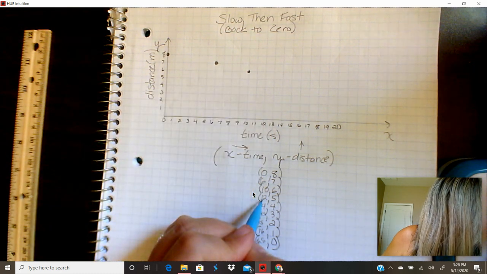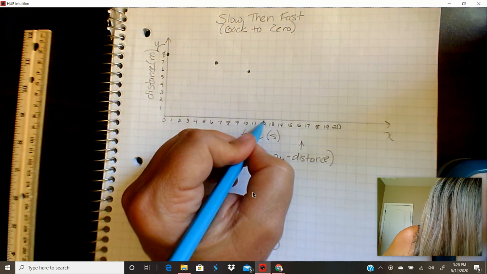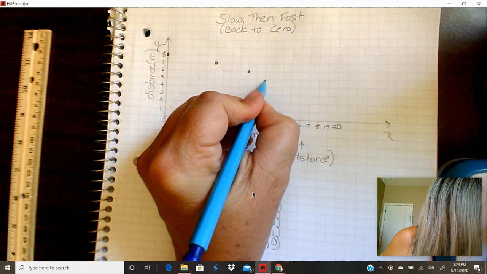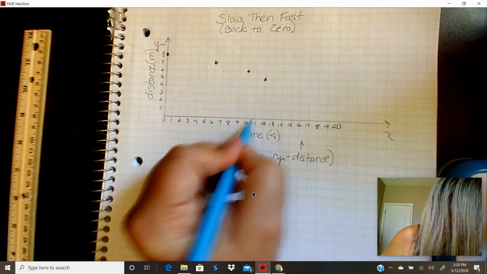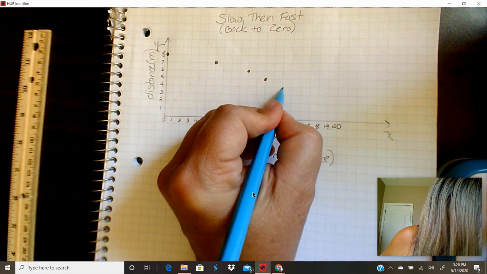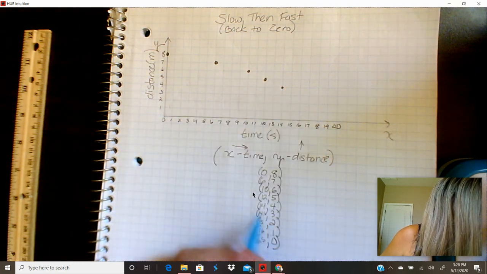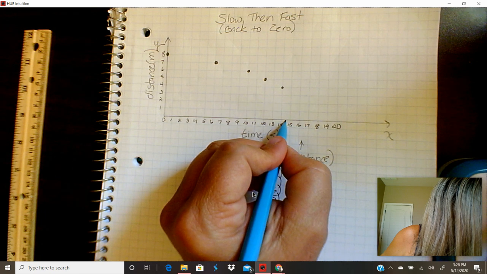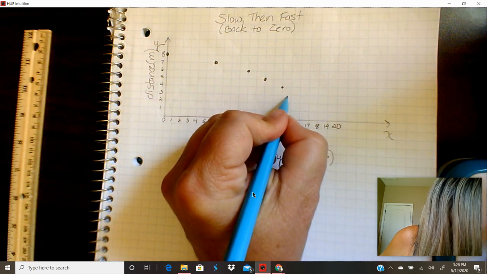All right, when 12 seconds had passed, I was at the 5 meter card. All right. When 14 seconds had passed, I was at the 4 meter card. When 14.5 seconds had passed, I was at the 3 meter card.